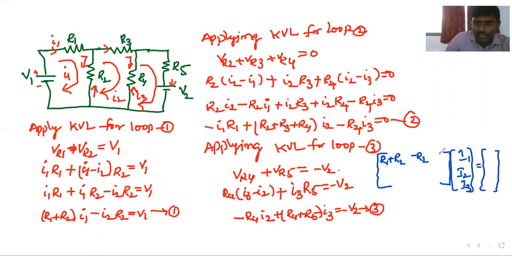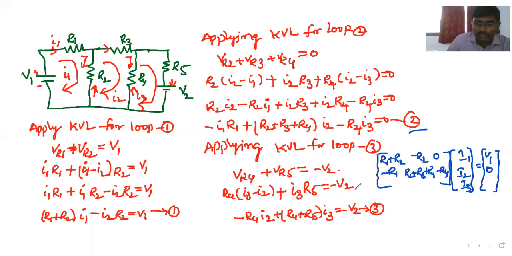There is no I3 coefficient, so 0. Coming to the second equation, minus R1, and the I2 coefficient R2 plus R3 plus R4. For I3, minus R4. The right-side constant for the first equation is V1.